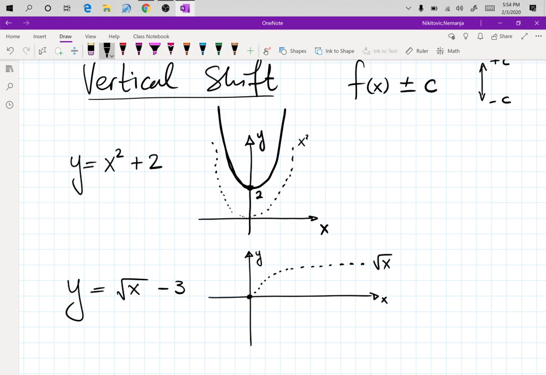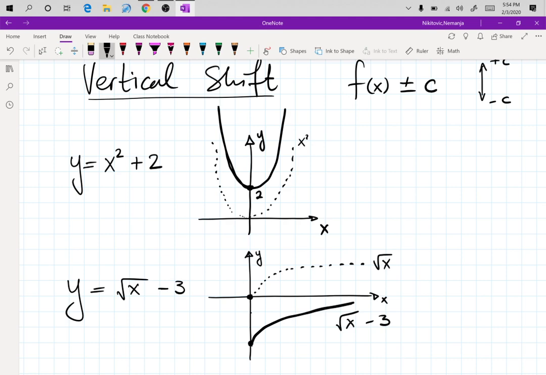Maybe I should switch to 2 colors. Now, I need the same line 3 units down. This 0, 0 goes 1, 2, 3 units down. And then I just have the same shape. This is root x minus 3.